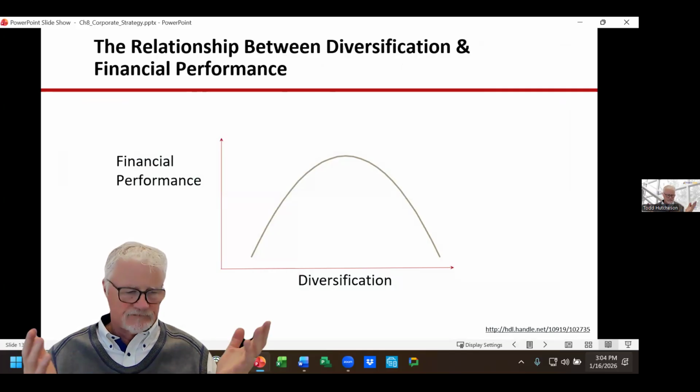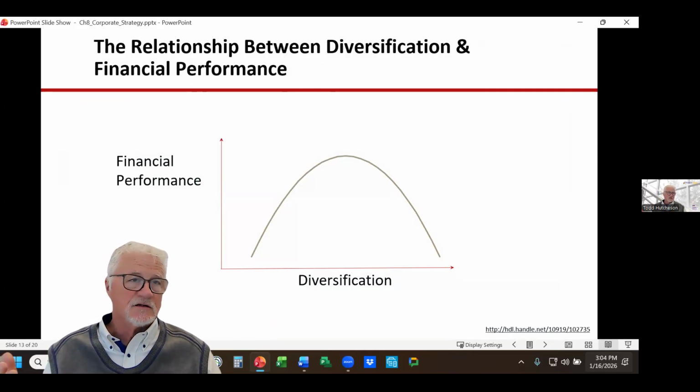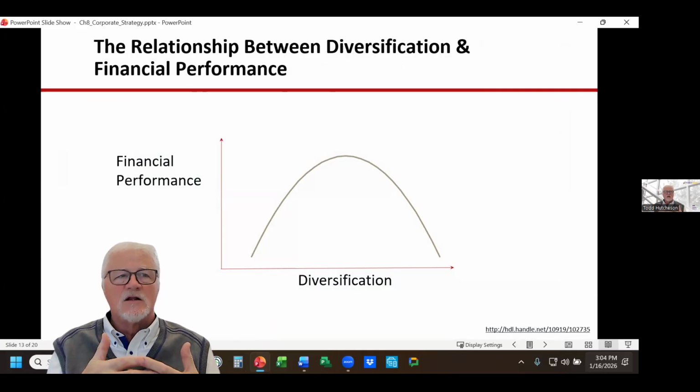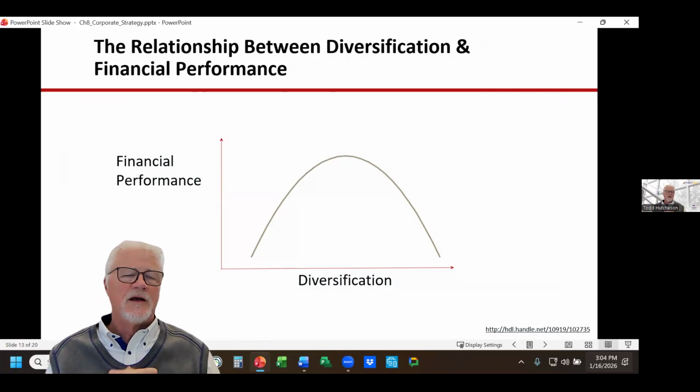If I have a diversified portfolio, you've probably heard that, or if I have a diverse set of skills, that means I have a lot of different ones to choose from. And in a business, diversification works a little like this. You want a little bit of it, maybe a medium amount of it, but too much of it can take away from focusing on your core.